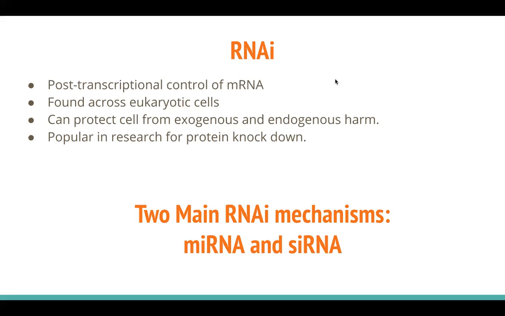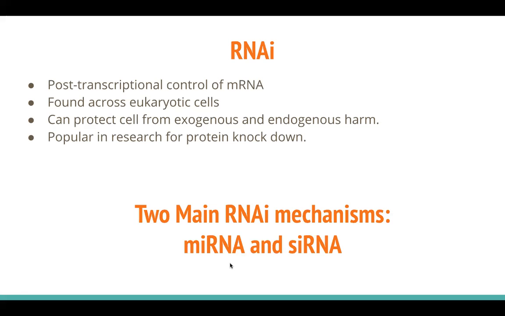And then the cell realizes it made too much mRNA and doesn't actually need all of those mRNAs becoming proteins. So one mechanism the cell has to destroy all that excess messenger RNA is to produce these two kinds of RNAs that we call RNA interference.